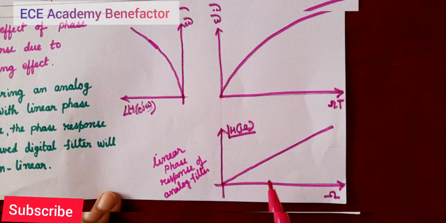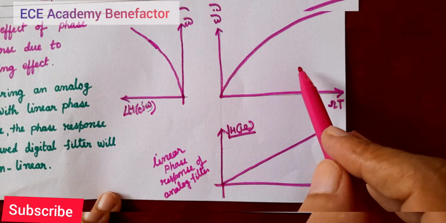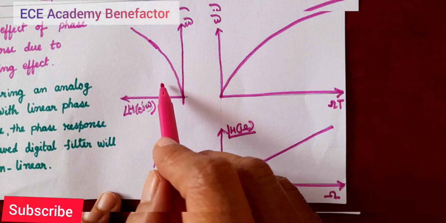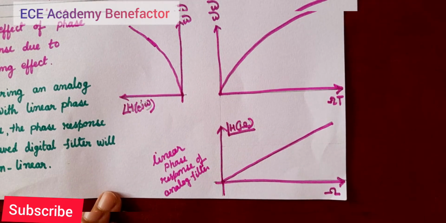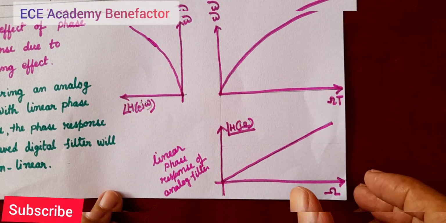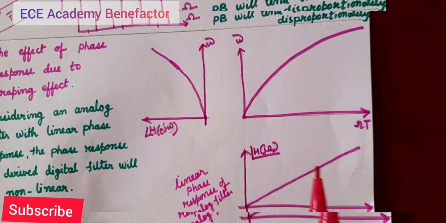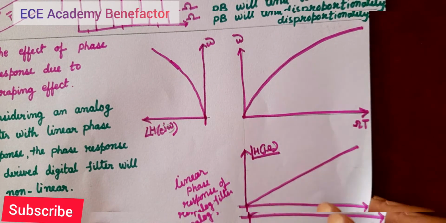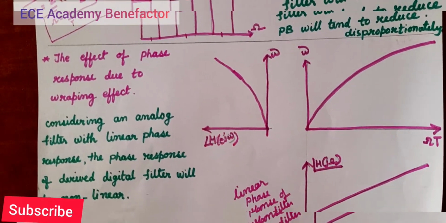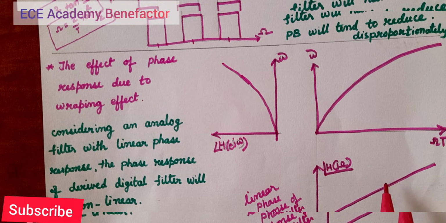So, when the linear phase response of an analog filter is given to a bilinear transformation, it comes out as a non-linear phase response. This graph is known as the effect on phase response due to wrapping effect.